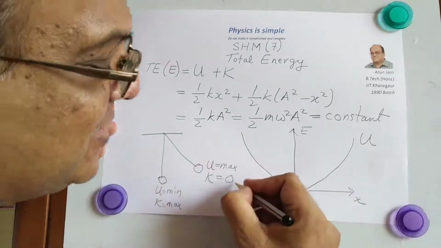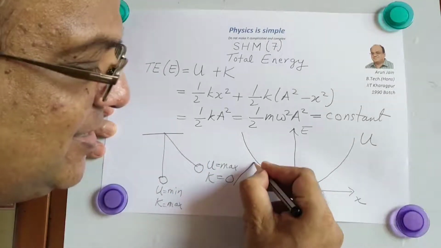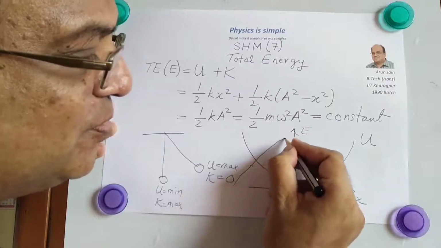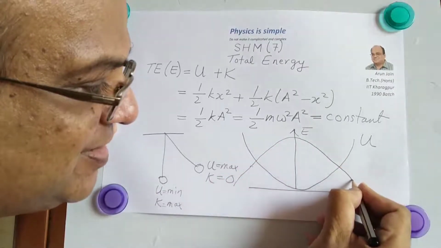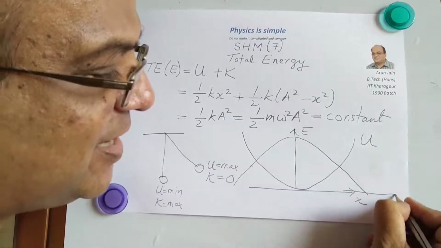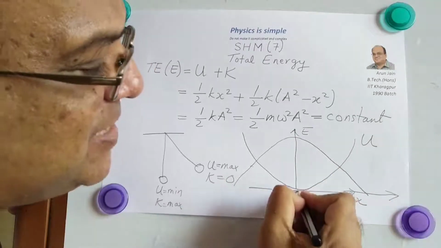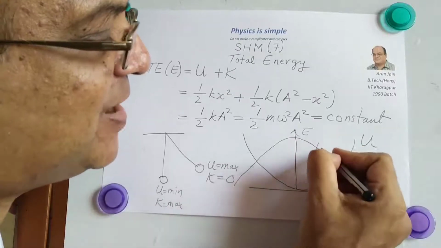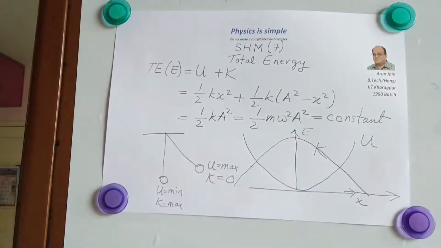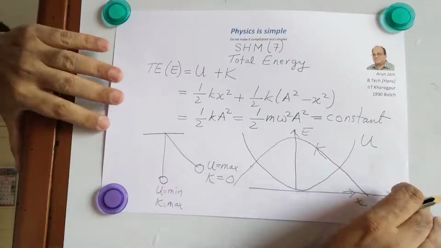The kinetic energy versus x graph will look like the inverted U. So this is the kinetic energy versus x graph, and at the mean position kinetic energy is maximum, at the extreme position kinetic energy is 0.